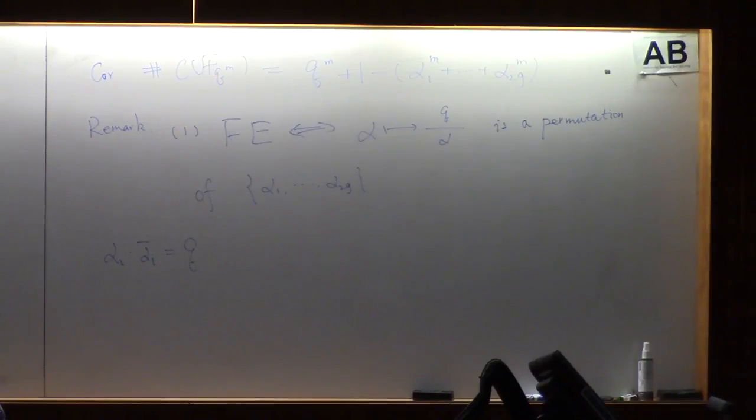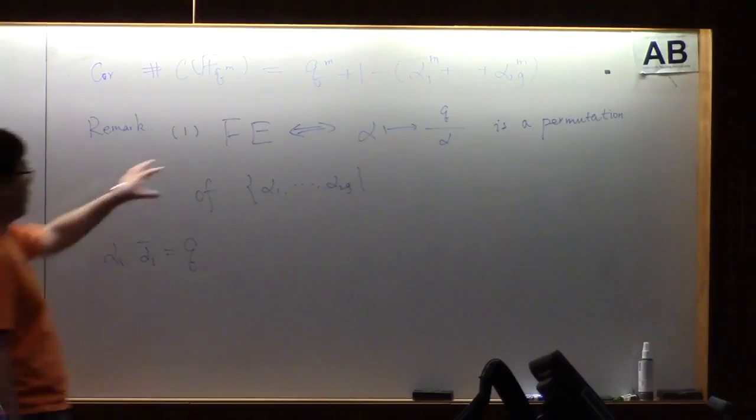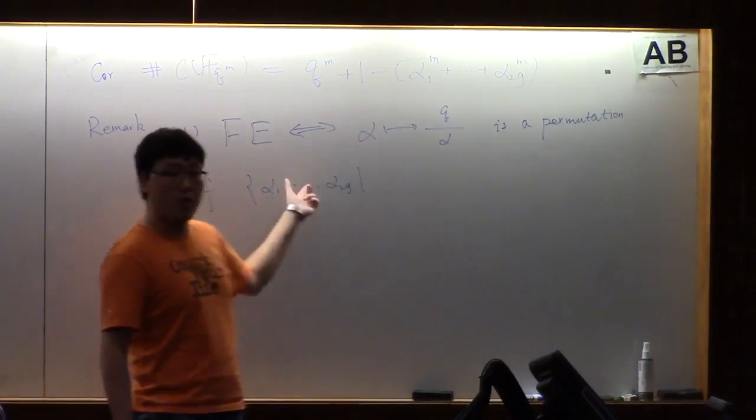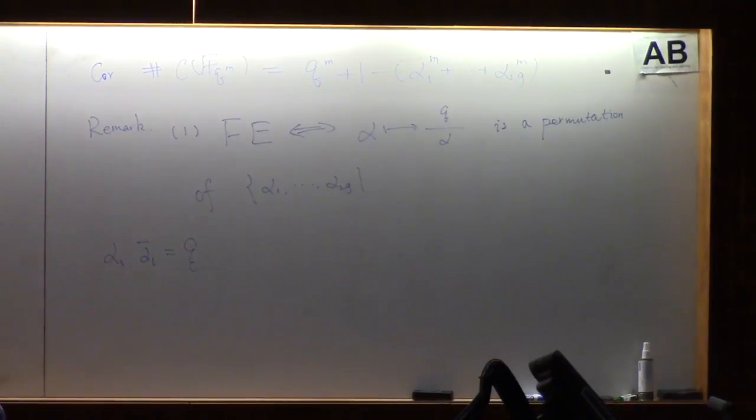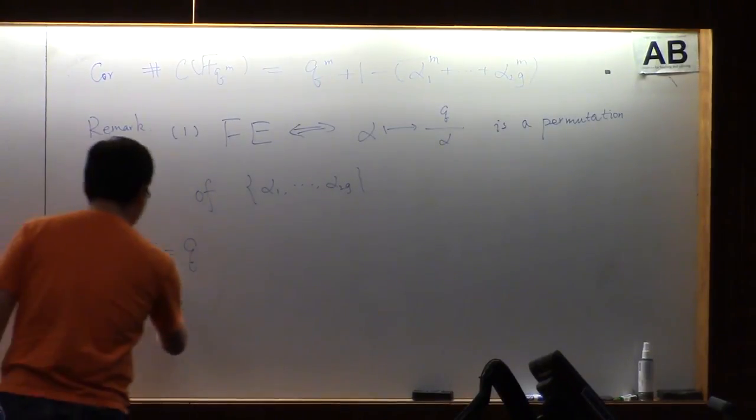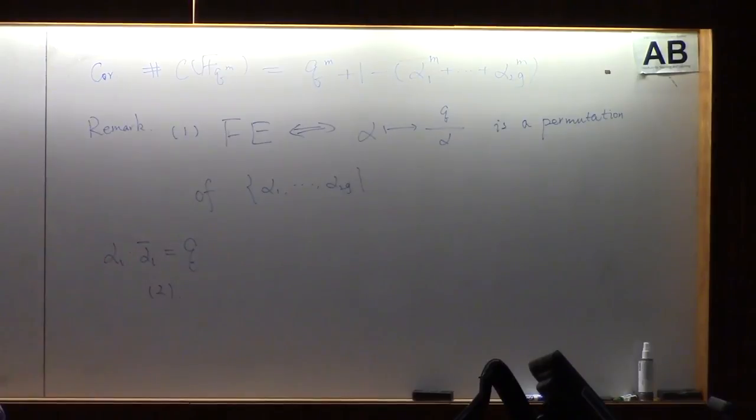So if alpha i is the inverse of a root of this polynomial, then its complex conjugate is also the inverse of a root of this polynomial. But if you don't know the Riemann hypothesis, the functional equation just tells you that this map permutes these 2g numbers. Okay, this is what the functional equation says.